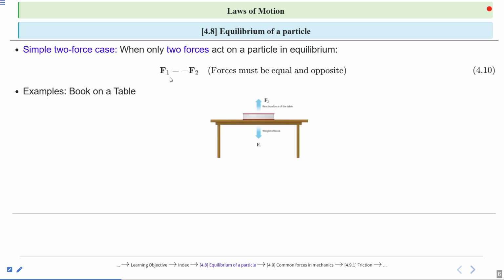For example, suppose we have a book on a table. Look here, a book on a table. So there are two forces, F1 and F2.